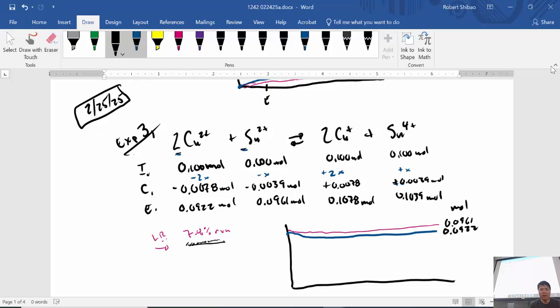And then our copper 1, we started here at 0.100, and we gained a little bit, 1078.